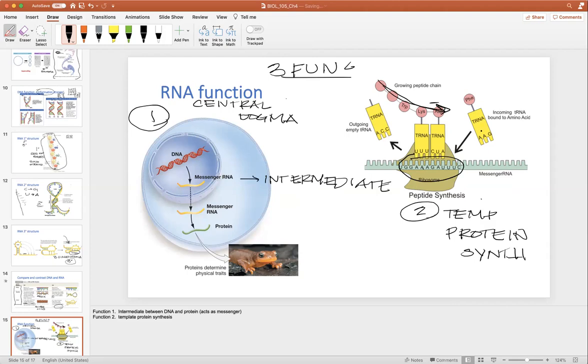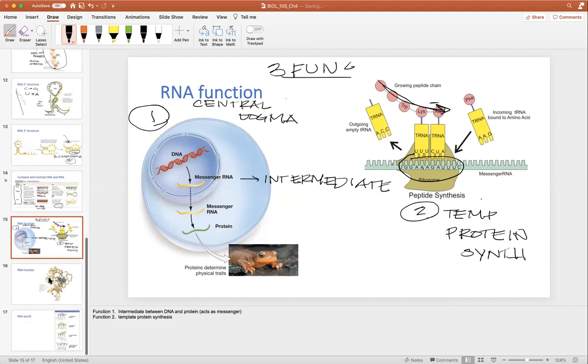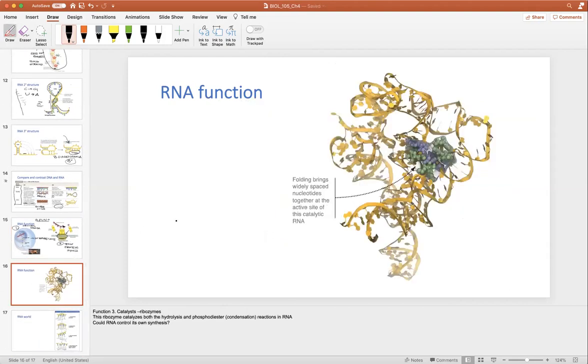We're going to get into great detail about that later in the semester. So function one is that RNA can be an intermediate between DNA and the protein. It acts as a messenger. Two, it's a template for protein synthesis. And the third thing that RNA can do is it can catalyze chemical reactions.